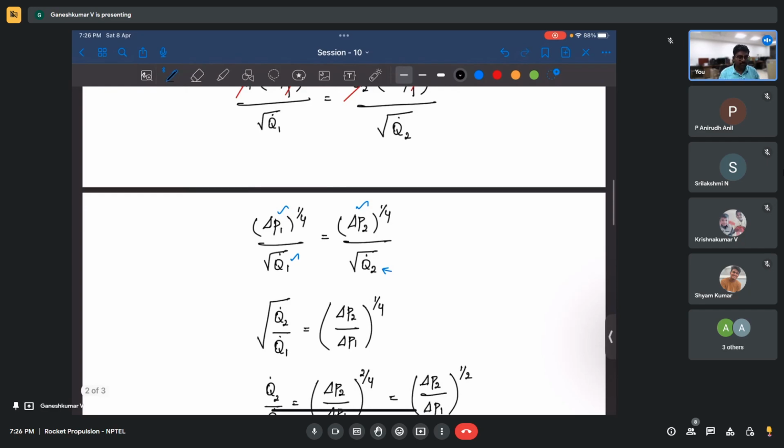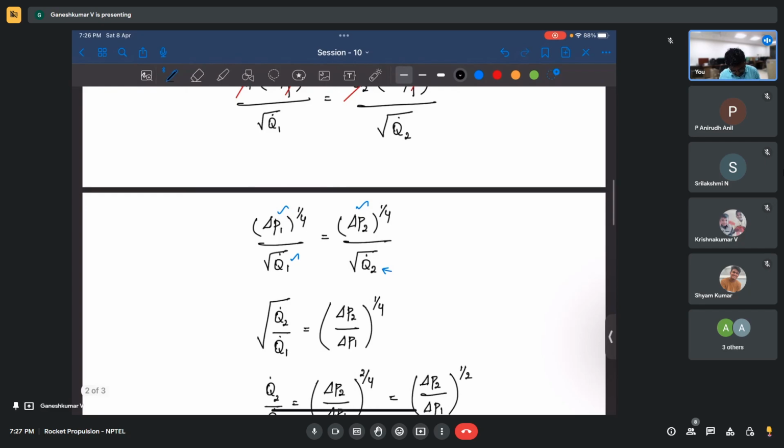It can be either pump 1 or pump 2, but we cannot use pump 2 because we don't know omega 2. We will find that out soon. So right now we will use pump 1's data. This is also equal to omega 2 times square root of q dot 2 divided by (delta p2 by rho) to the power 3 by 4. Let's use pump 1 because we don't know omega 2.